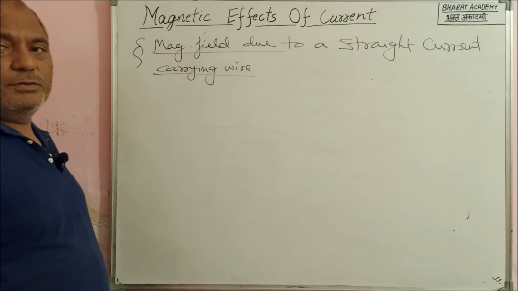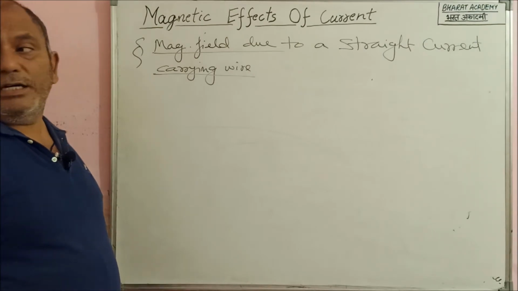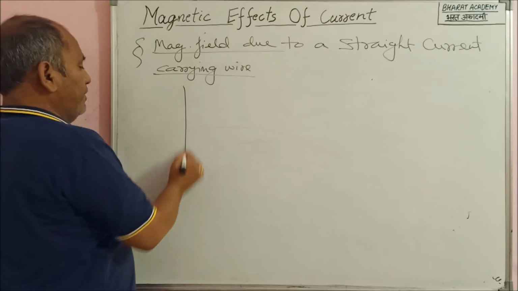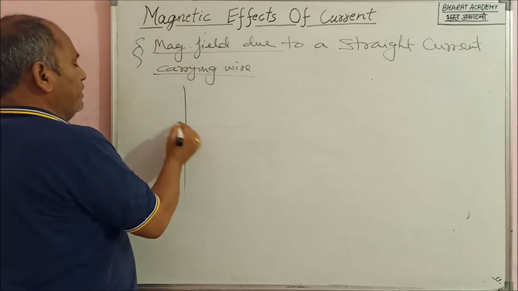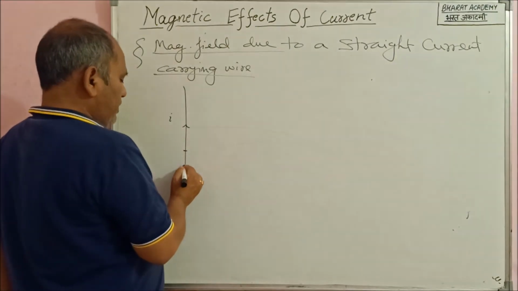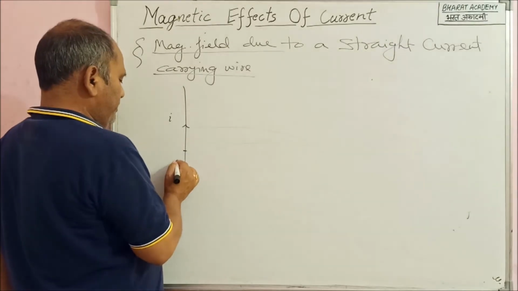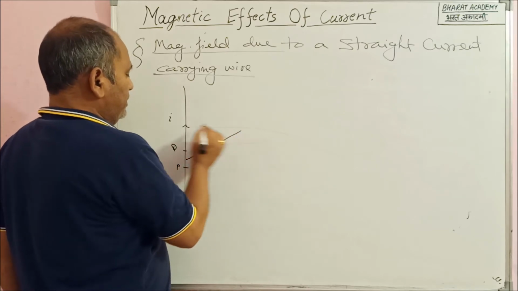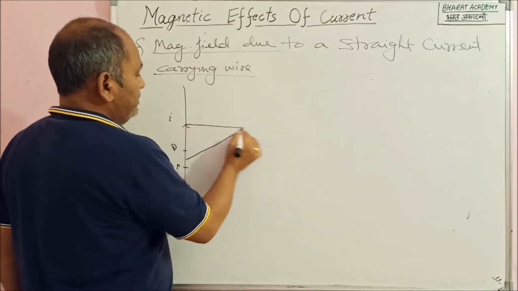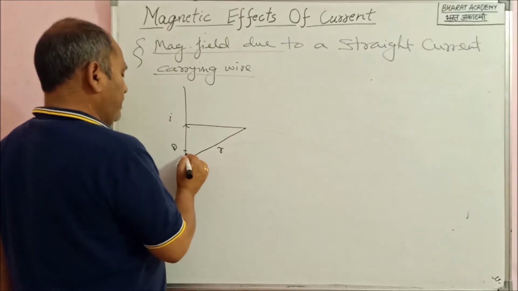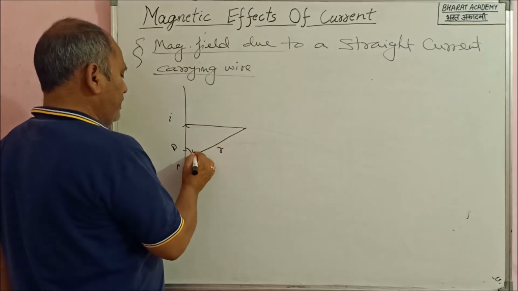Magnetic field due to a straight current carrying wire. Here I have a straight current carrying wire. I is the current, and let us consider a small segment PQ of it, which is at a distance r from it, making an angle theta.